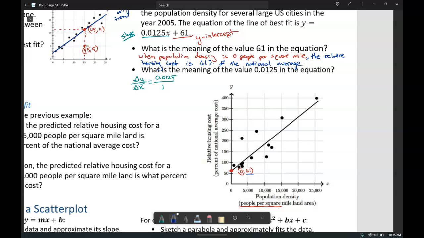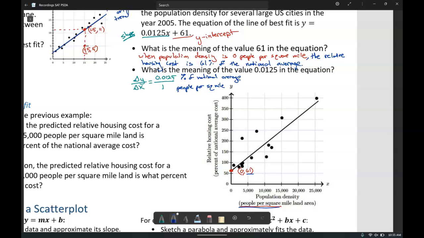Well, our y values again represent percent of national average, while our x value represents people per square mile.